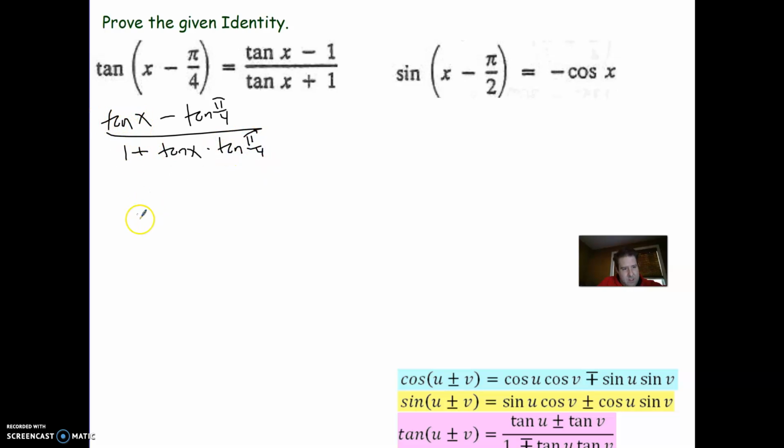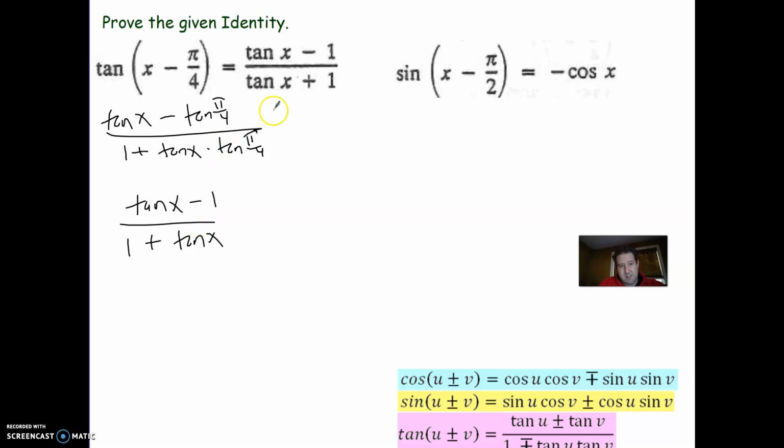All right, well, tangent of x is tangent of x, so can't do anything with that. Minus tangent of pi over 4 is 1, so tangent of x minus 1. And this becomes 1 plus, well, tangent of x times 1 is still tangent of x.